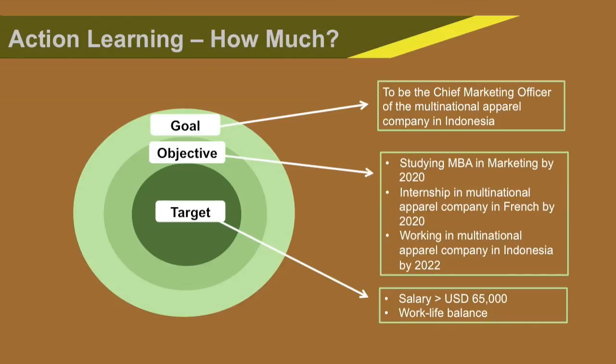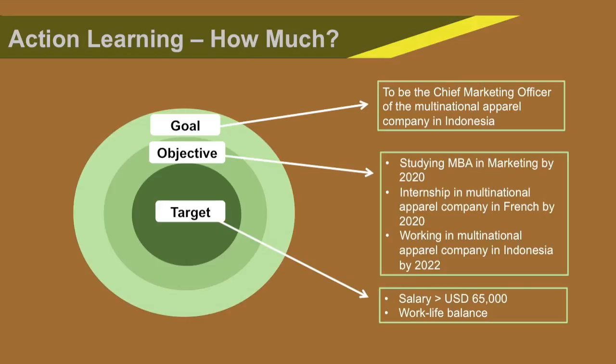My goal is to be the Chief Marketing Officer of a multinational apparel company in Indonesia. Therefore, my objective is to study an MBA in marketing by 2020, have an internship in a multinational apparel company in London by 2020, and work in a multinational apparel company in Indonesia by 2022.